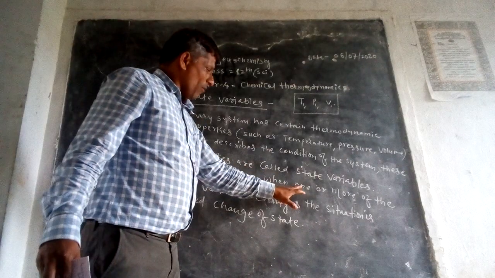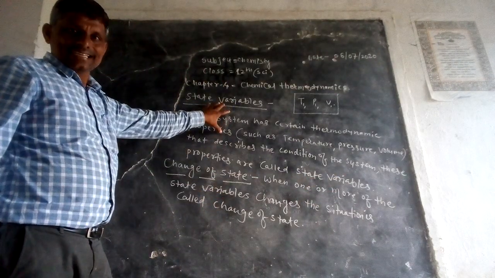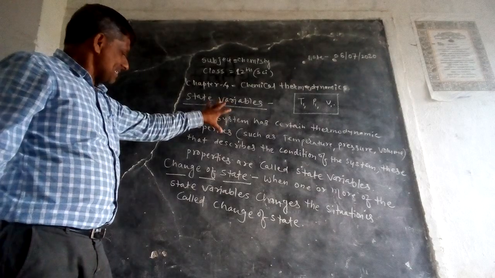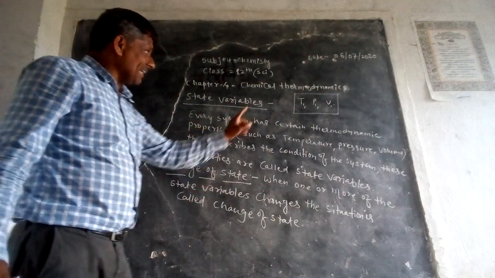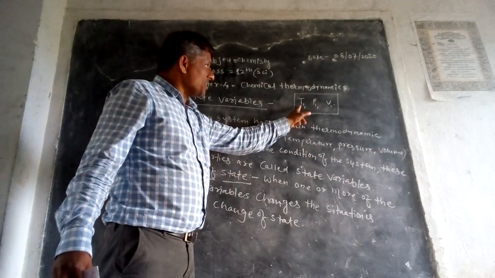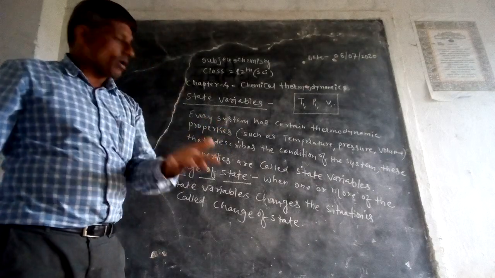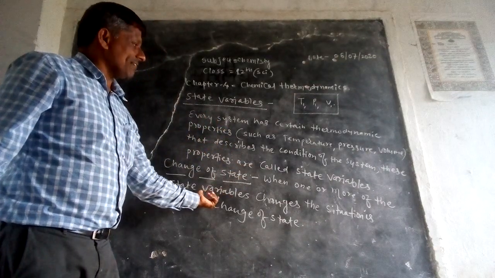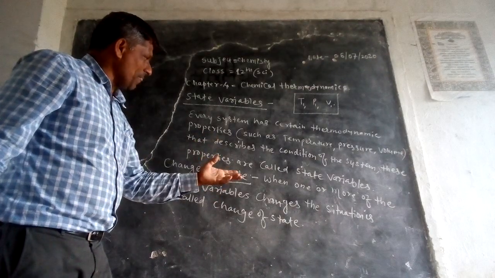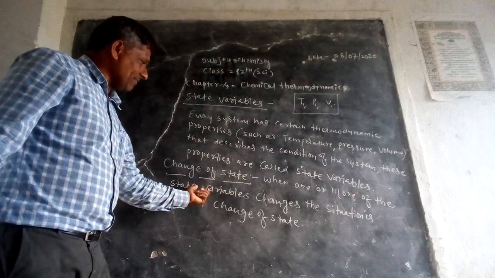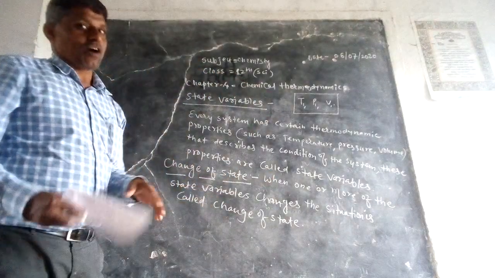When one or more of the state variables, again it is the state variables, but here there should be a change in the value of at least one or more of the state variables, and this situation is called a change of state.